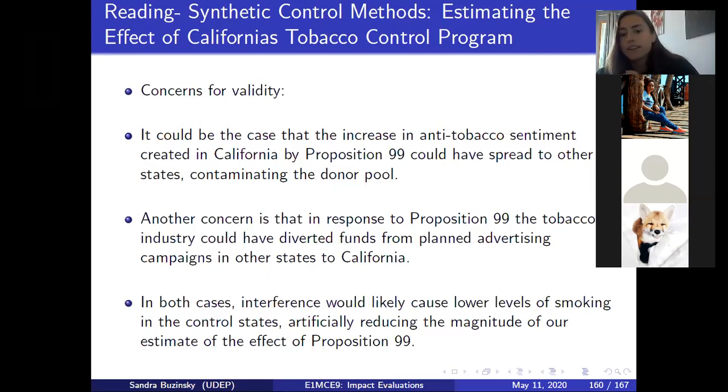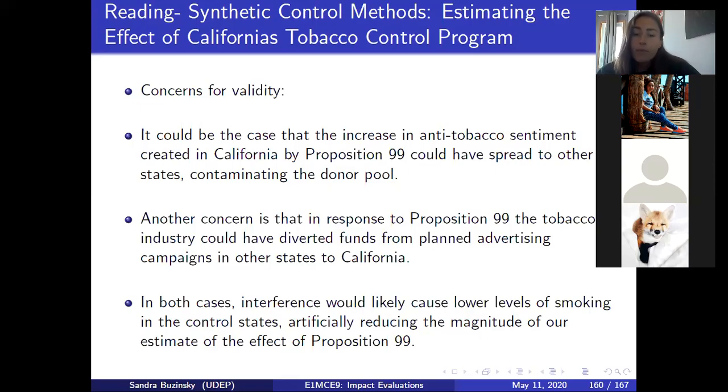Basically your estimates will be understated because somehow the control group is receiving some of the treatment effect, right? So if some of the control states benefit from this California anti-smoking policy by also reducing their own smoking, then our results could be understated because the control group will also see a reduction in smoking.